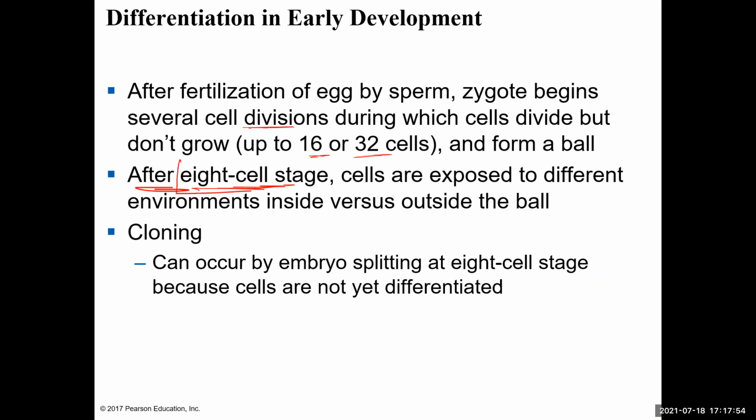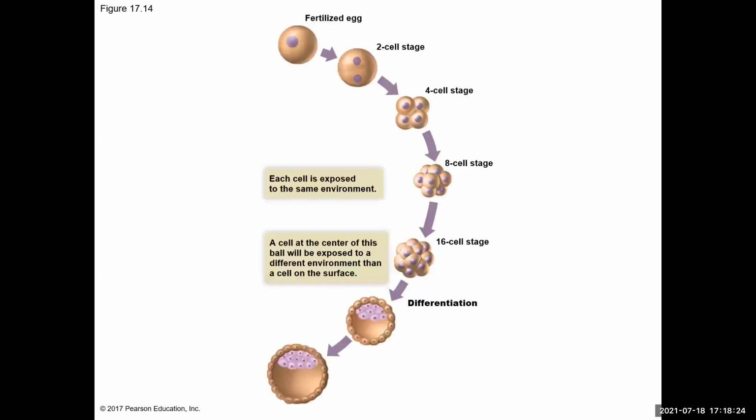So before this, at 8 cells or less, you can actually stop the division of the embryo, and you can split all 8 of those cells apart, and you will have 8 identical cells that you then can let divide again, and it can turn into 8 genetically identical organisms. Okay, so this is one way cloning can work.